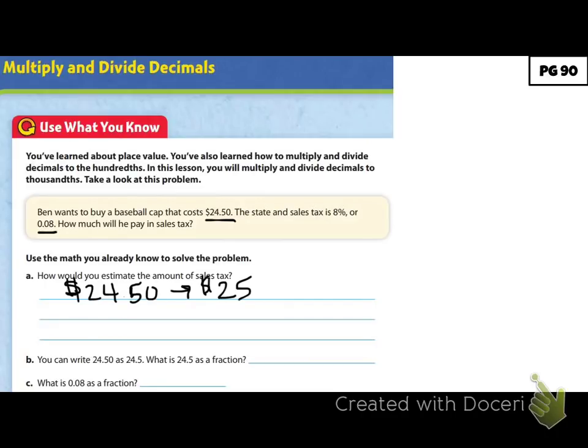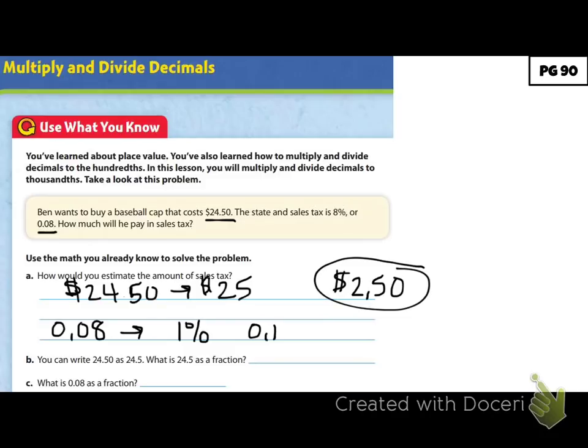Then we would take our 8% or 8/100, and that's pretty close to 1% or 1/10. And then if we use those, we would know that 1% of $25 would be $2.50. Or you would multiply 25 times 1%.